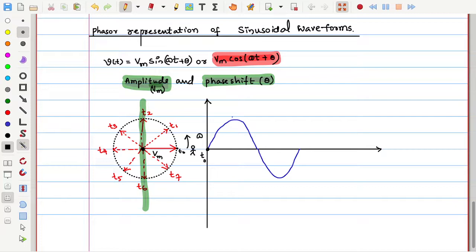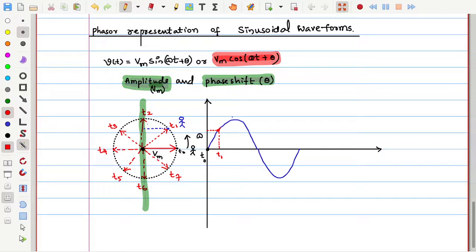That is the T0 position. If you are at the position of T1 and you project the tip of the vector onto the y-axis, how much length do you get? That is the corresponding amplitude at that instant of time, and its instant of time is t1.